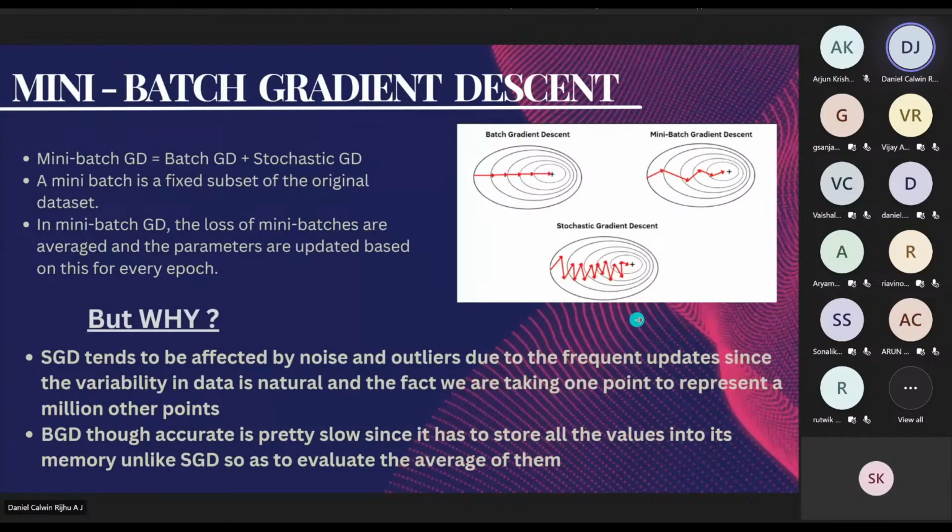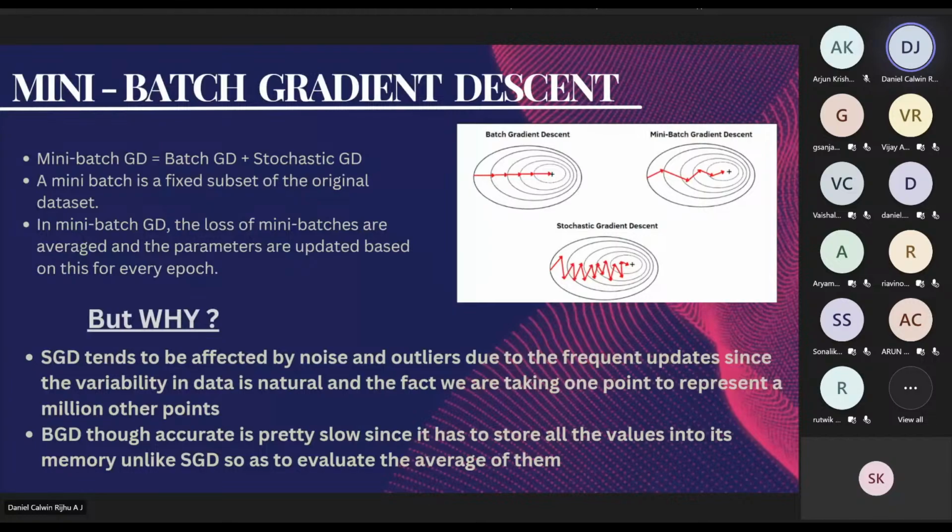In a mini batch gradient descent, we are going to split the entire data into several different subsets. And once we are done classifying them into several mini batches or subsets, we are going to implement a normal BGD over them. Let's say we have 1,000 parameters. We are going to split them into several subsets of 100 parameters.